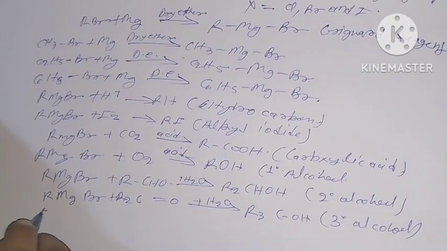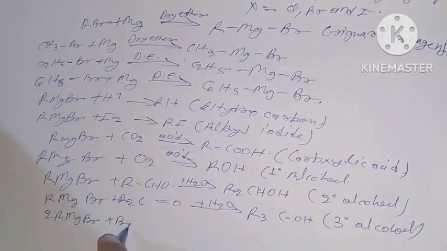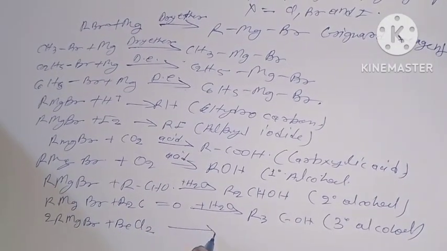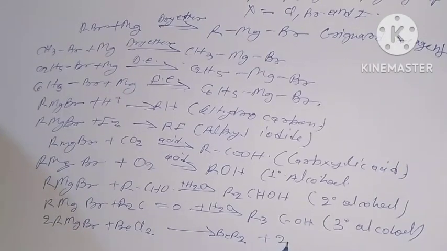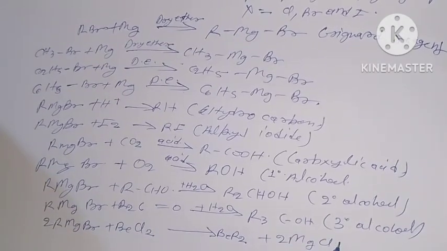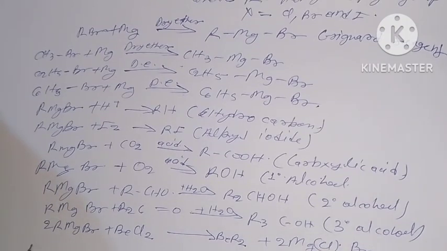And 2RMgBr plus beryllium chloride gives BeR2, beryllium alkyl, plus 2MgClBr.